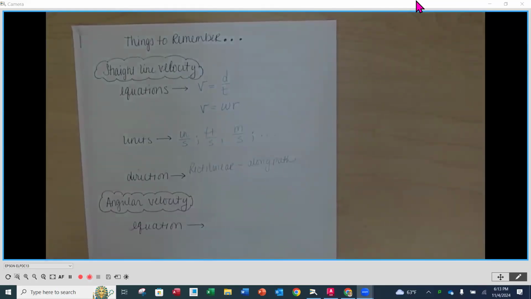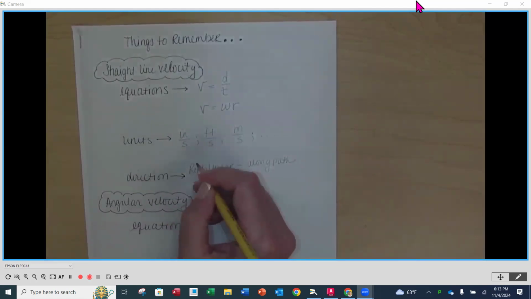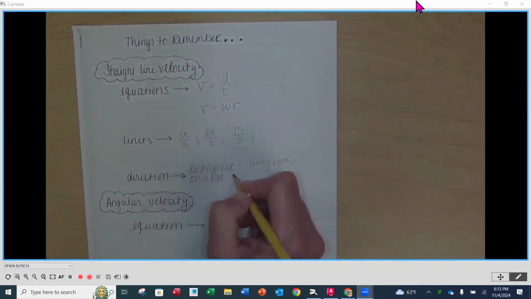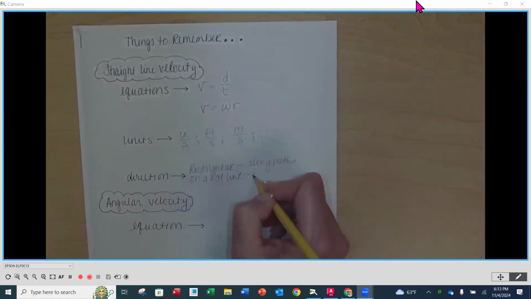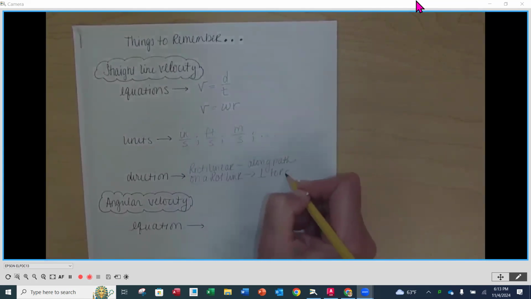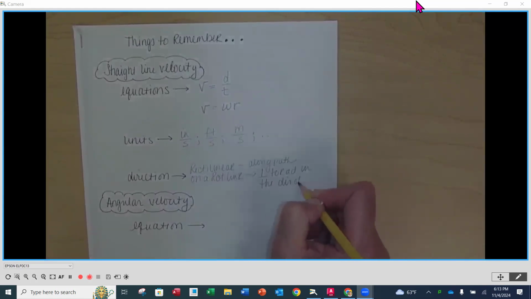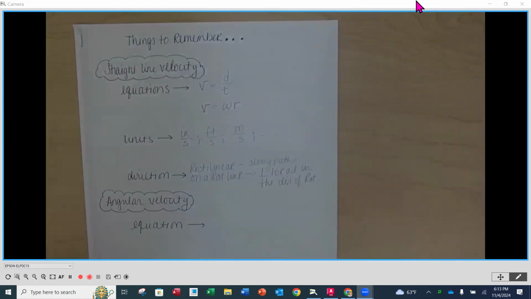If it's vertical, up or down, or along a line. But if it's a velocity that is on a rotating link, it is going to be perpendicular to the radius in the direction of rotation. So straight line velocity V will always be perpendicular to the radius of rotation, pointing in the direction of rotation. Okay.